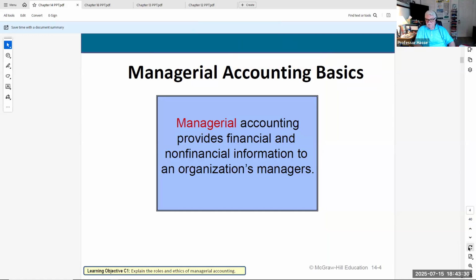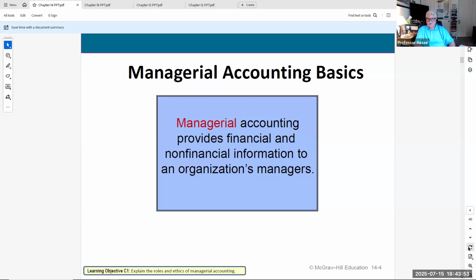Not many of you are CPAs or produce income statements or financial statements or do recording of business transactions that we did for the first half of this course. Many of you look at budgets. Many of you look at data that the accounting office provides you about your organization, about your department. And that's called managerial accounting.